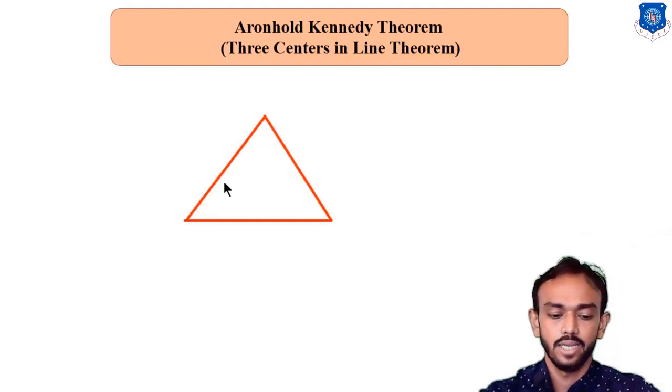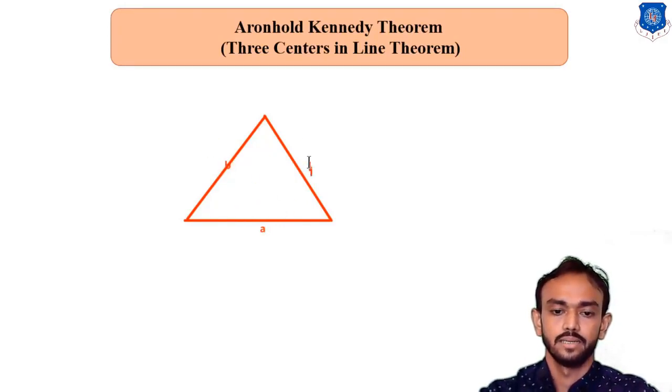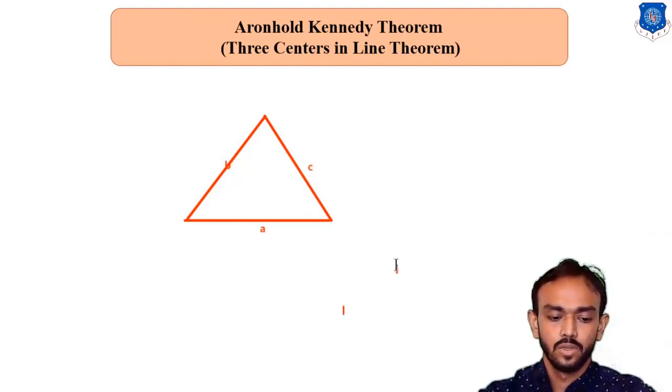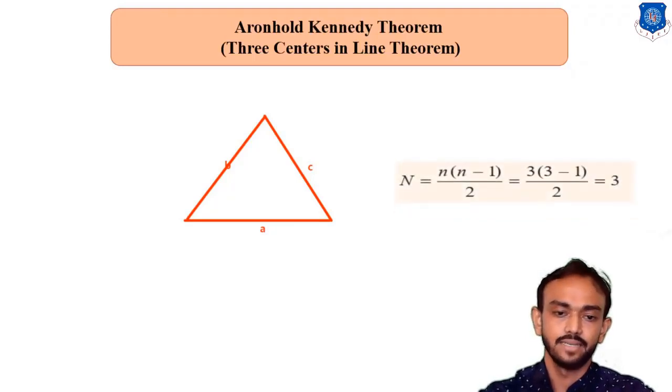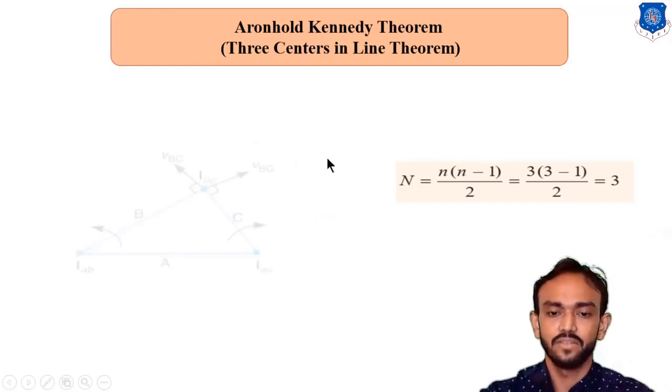Let's give the names: this is A, B, and here C. You will find three I centers. Where will those I centers be? This is IAB, here will be IAC and here will be IBC. That's how you find the three I centers first.